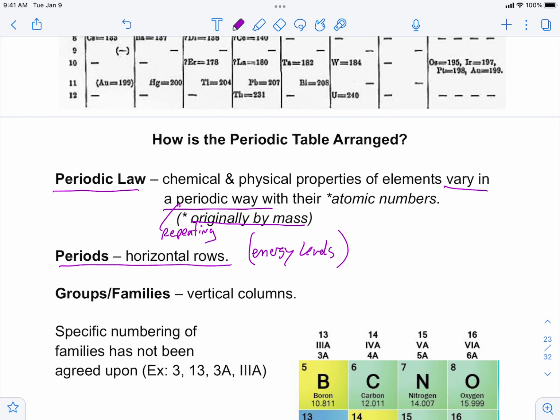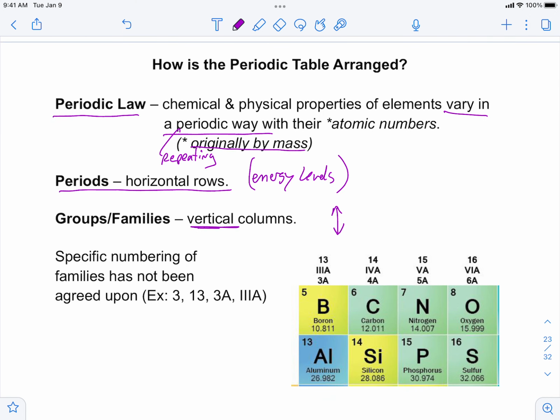Families or groups are vertical columns, up and down. So if you look at the periodic table, let's use the last column that we've been using for bookmarks. What are the elements in the last column? They have a name. Yeah, they're called the noble gases: helium, neon, argon, krypton, xenon, radon.